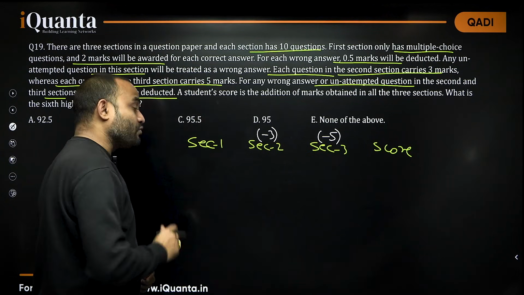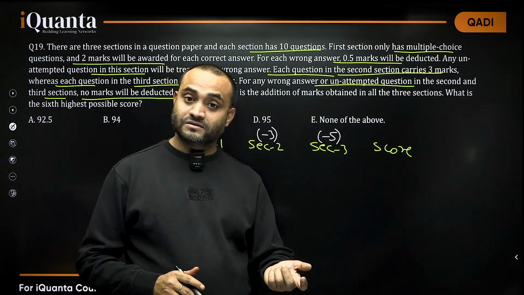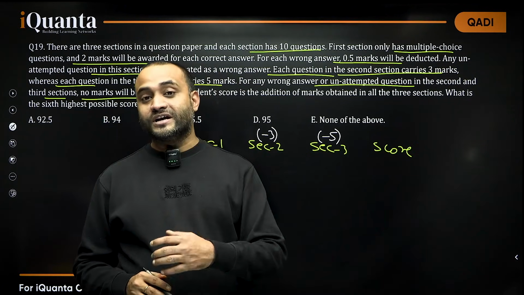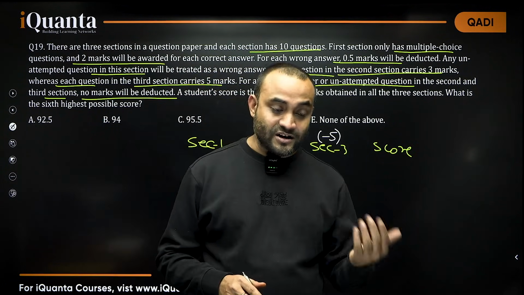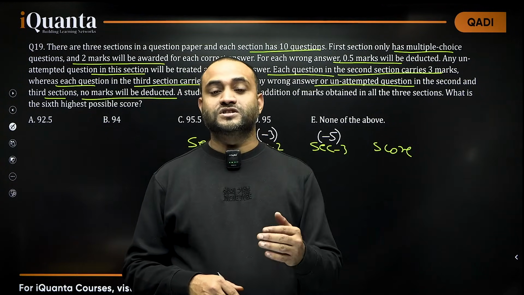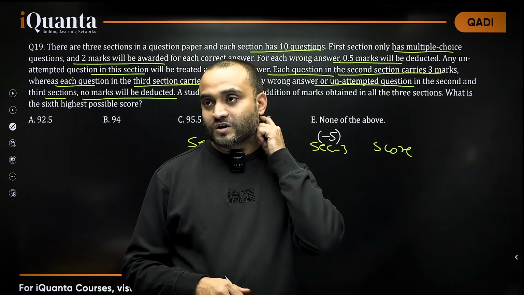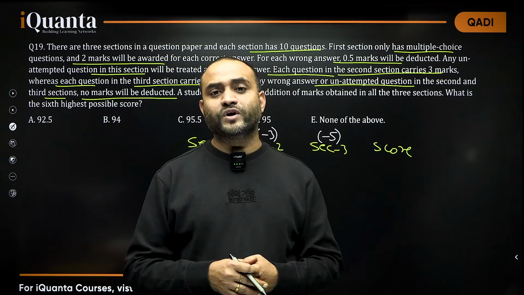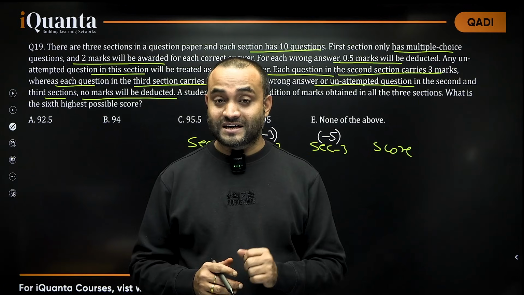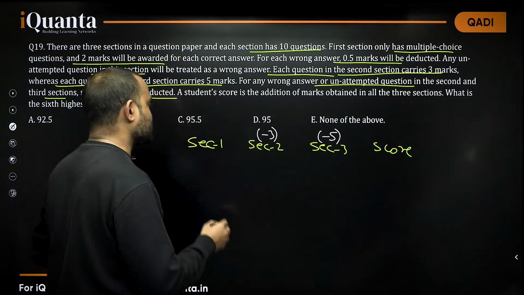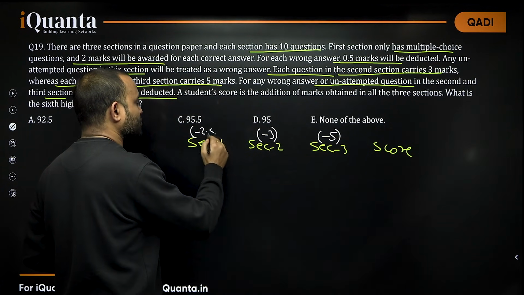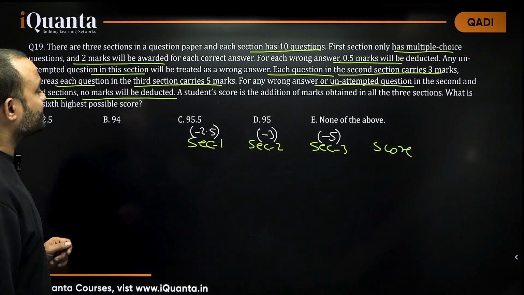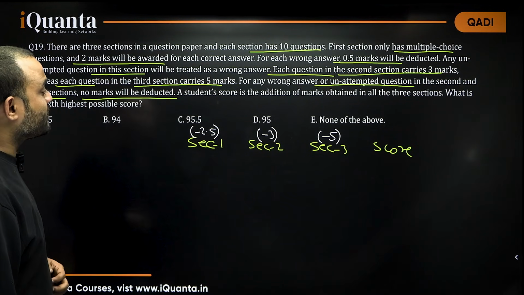But in section 1, for 10 questions, you are getting 20 marks. But if you are doing 9 questions correctly, and 1 question either wrong or unattempted, what will happen? 9 into 2, 18, minus 0.5, that is 17.5. So for each question that is not correct, the student is going to lose 2.5 marks, right?